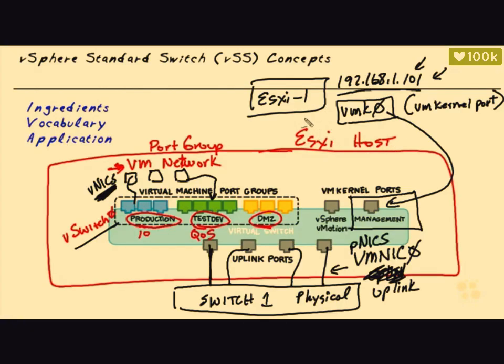So going back to our ping sourced by ESXi1, it would be sourced from the IP address 192.168.1.101, which is sourced from a VM kernel adapter, VMK0, which has the IP address of .101.